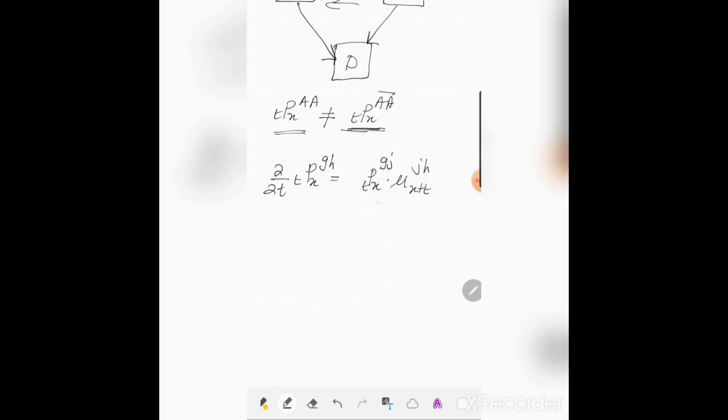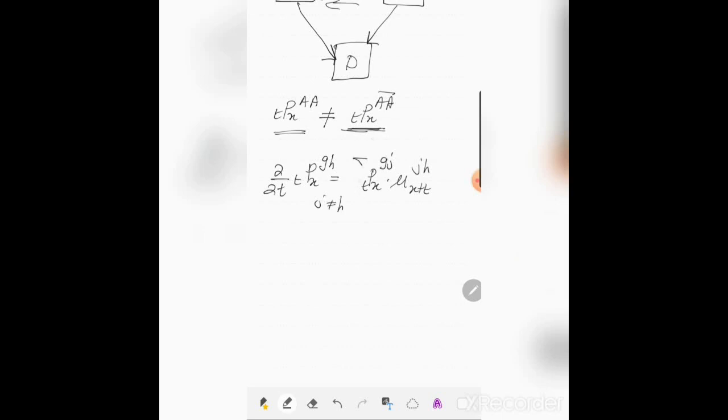So it is as good as I can take it as a matrix. So tPx gj multiplied by mu x plus t, for j not equal to h.